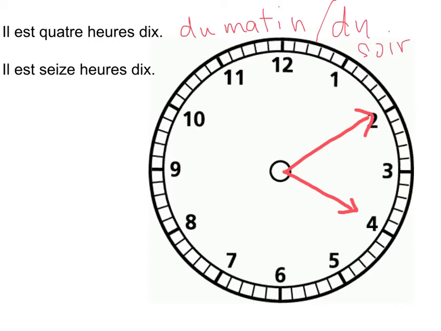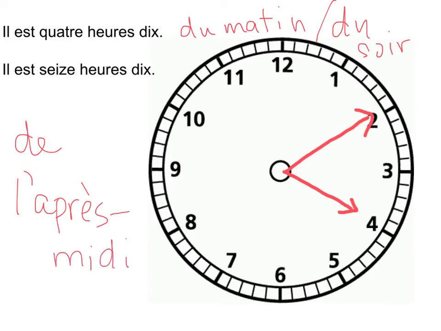That's du, S-O-I-R, soir. 4 o'clock is really more in the afternoon, though. So for the afternoon, we could say de, D-E, l'après-midi. De l'après-midi. Okay? So, il est 4h10 du matin, or il est 4h10 de l'après-midi.